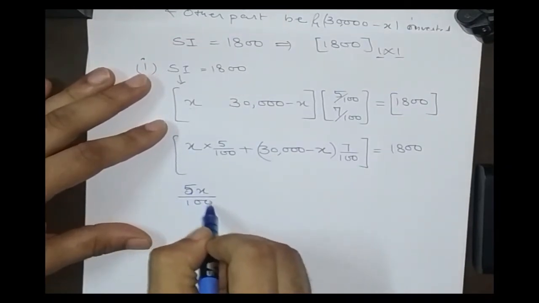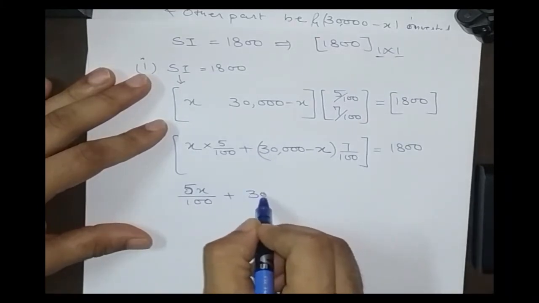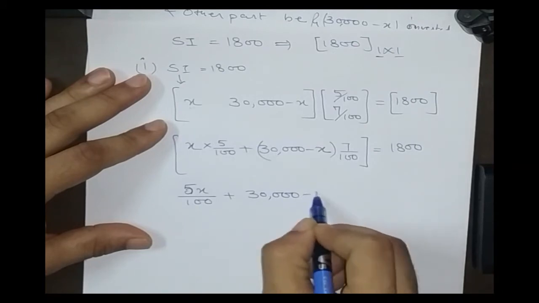5x by 100 plus, when we multiply this, I will write it this way.